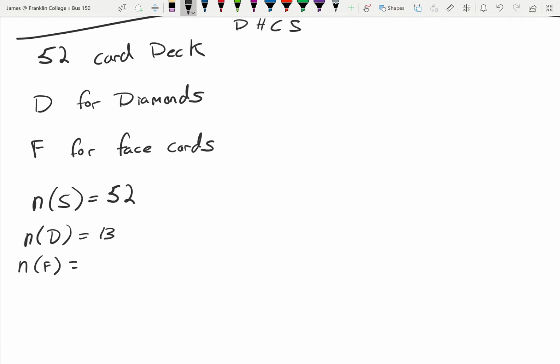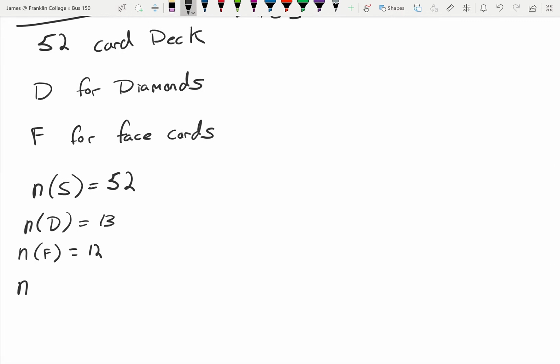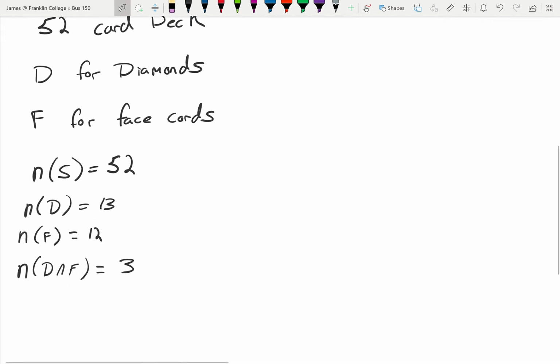If there are 4 suits of each, then there are 12 face cards total. If we were interested in the number of diamonds that are also face cards, well, once again, king, queen, jack are the face cards, and there's only a diamond apiece for all 3. So there are 3 diamonds that are also face cards.